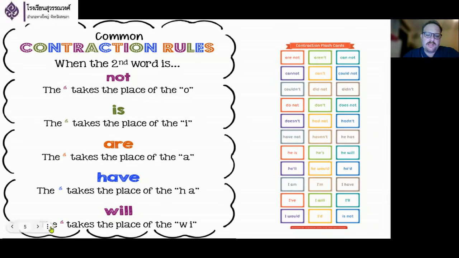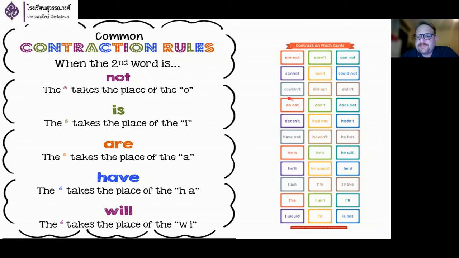Will, again, two letters will be taken out, the W and the I. The apostrophe takes the place of the W and the I. Will, they'll, they've. They'll get me some milk at the store. They've gone to the store. They'll get me some milk.